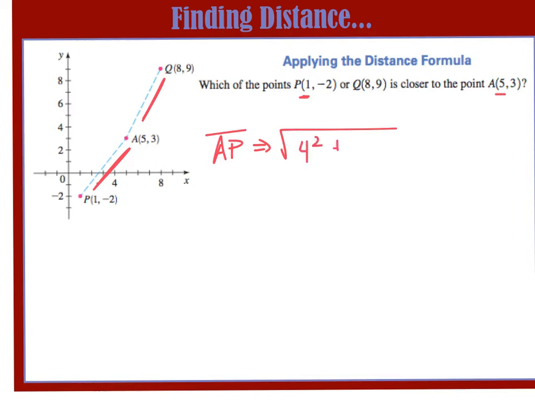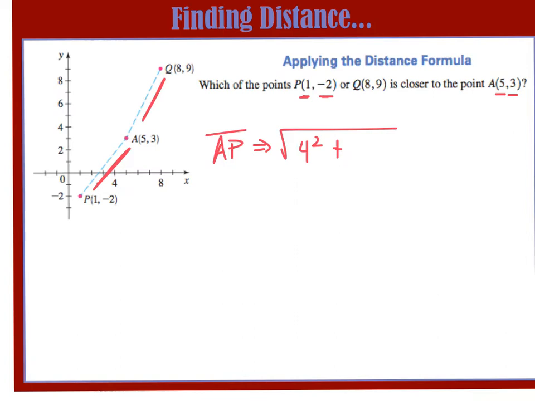Now, I know back in Algebra 1 and maybe even in Algebra 2, you were told we need to do x2 minus x1. Does it really matter which way you go? No, it doesn't matter because what are you going to do to it? You're going to square it. So it doesn't matter if it equates to a negative or a positive, because when you square it, it's going to go away. And so now what's the difference between my y's?